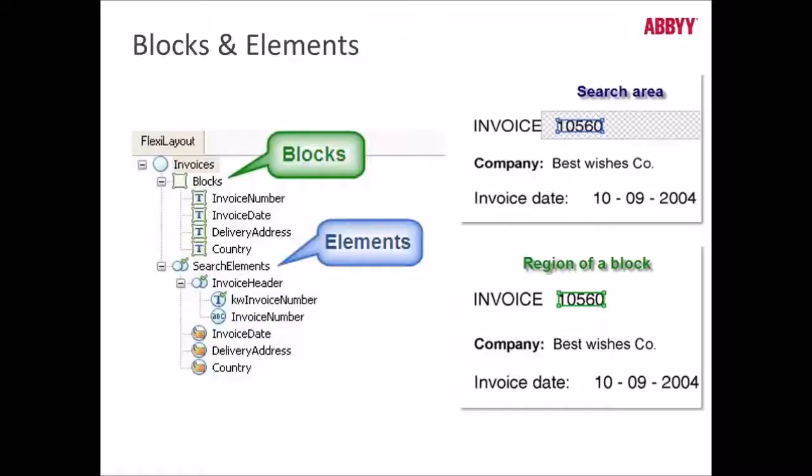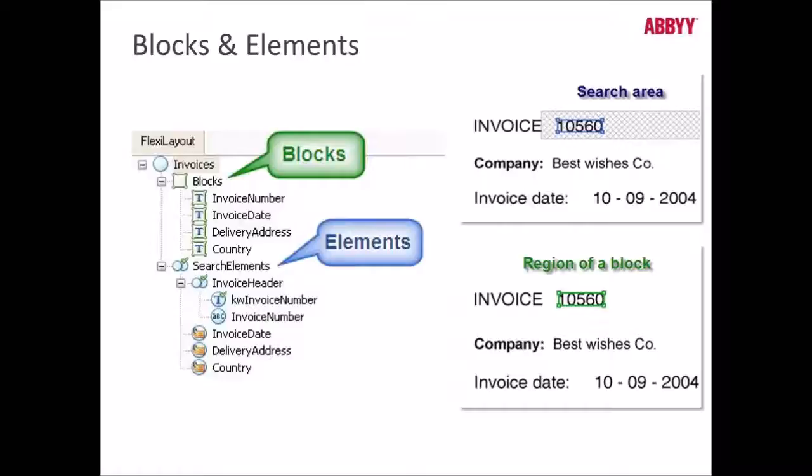And the elements. Elements correspond to one or more objects on the document image. So it could be text strings, pictures, barcodes, black lines, etc. Each element stores information about the type of the corresponding object, its properties, and the search area where to look for the object.